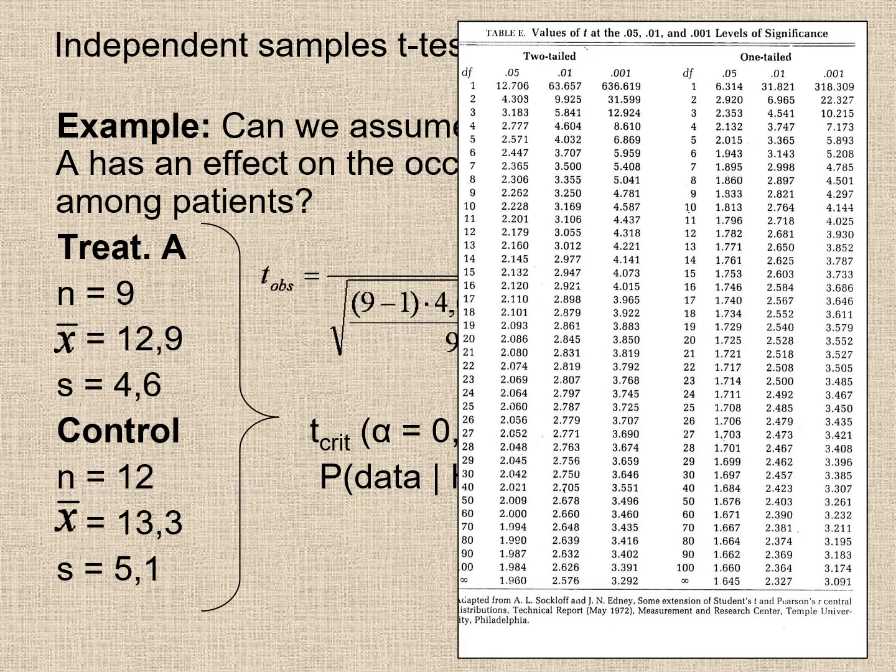So let's have a look at that row. Degrees of freedom 19, and in the first column, there we see a value of 2.093.